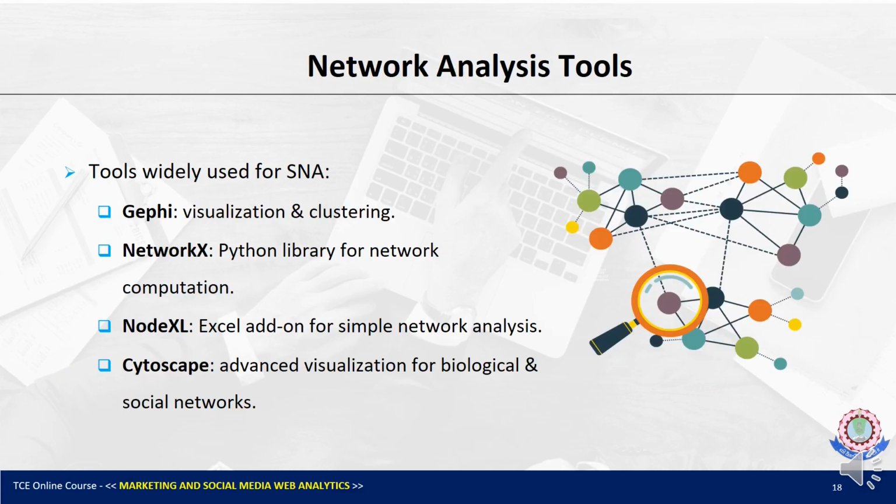Network analysis tools. The common tools for network analysis are Gephi for visual exploration, NetworkX for computational modeling, NodeXL, a simple Excel based tool, and Cytoscape for advanced attribute rich visualization. These allow even complex networks to be easily analyzed.